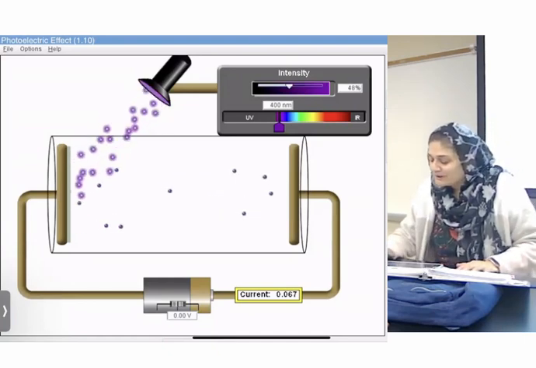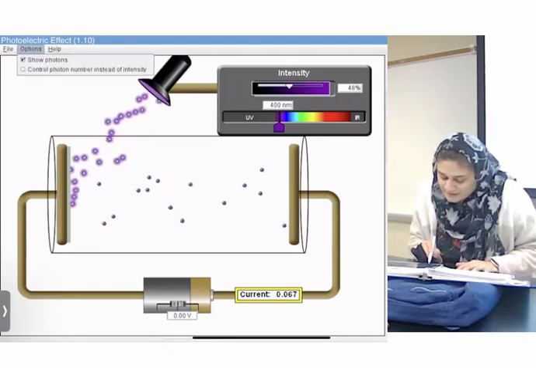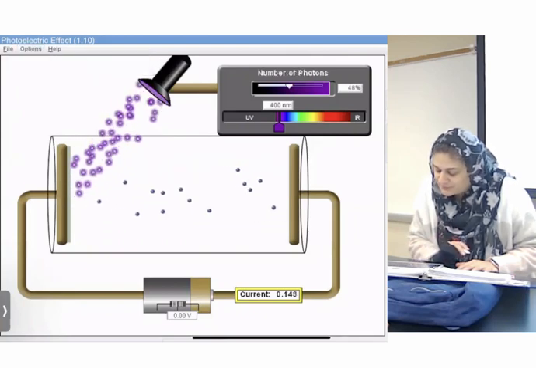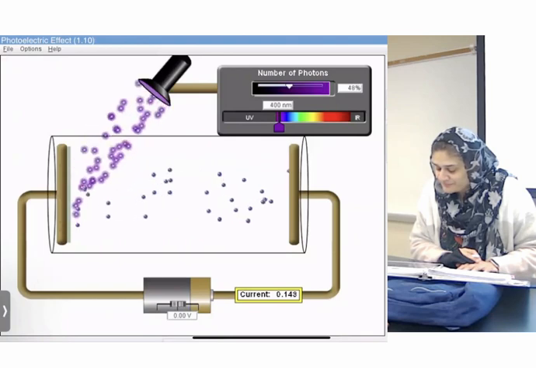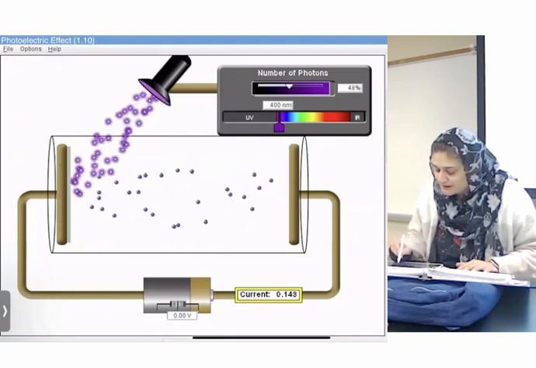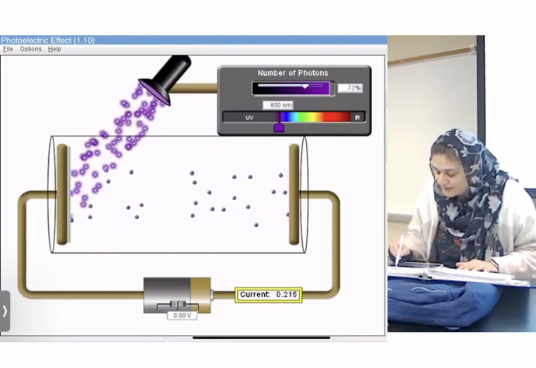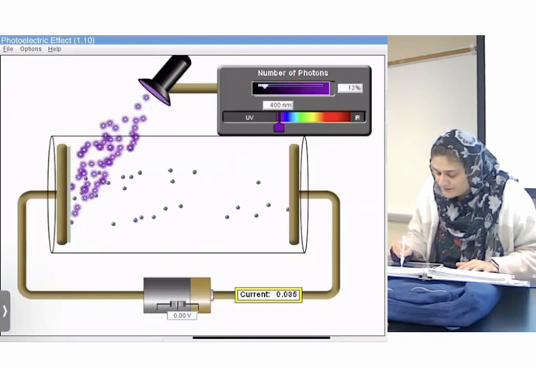You can also count the number of photons that are actually being hit. You can increase the number of photons you're hitting it with. You can decrease the number of photons.